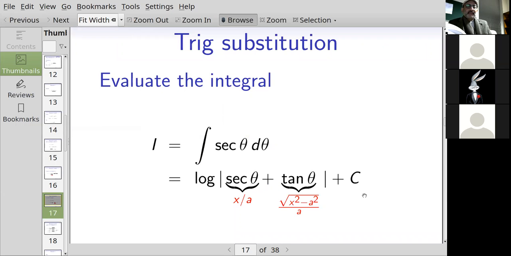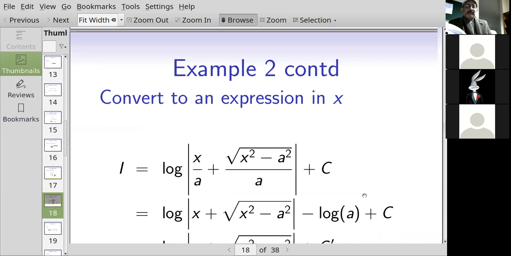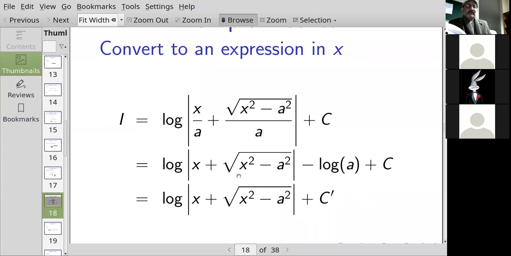So now, if I do my substitutions, I get the logarithm of the absolute value of x over a plus the root of x squared minus a squared over a, plus c. And that's absolutely fine as a result.